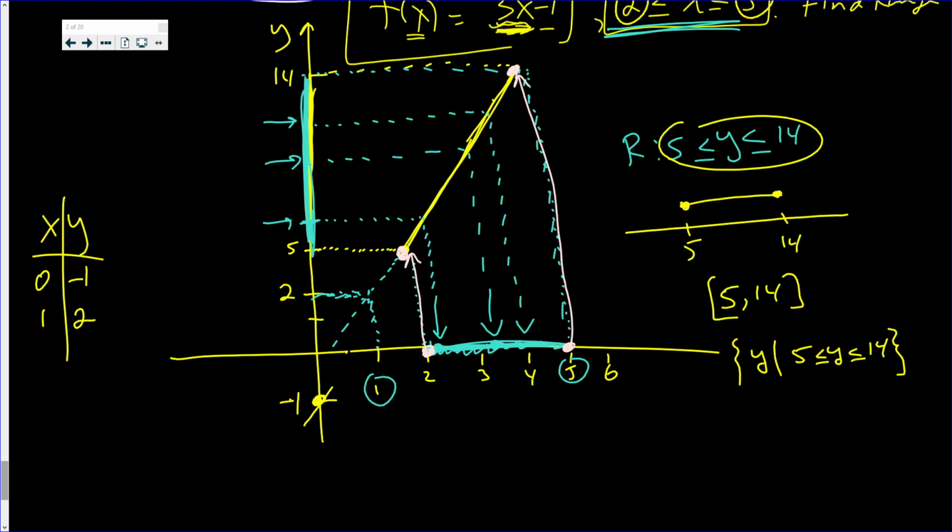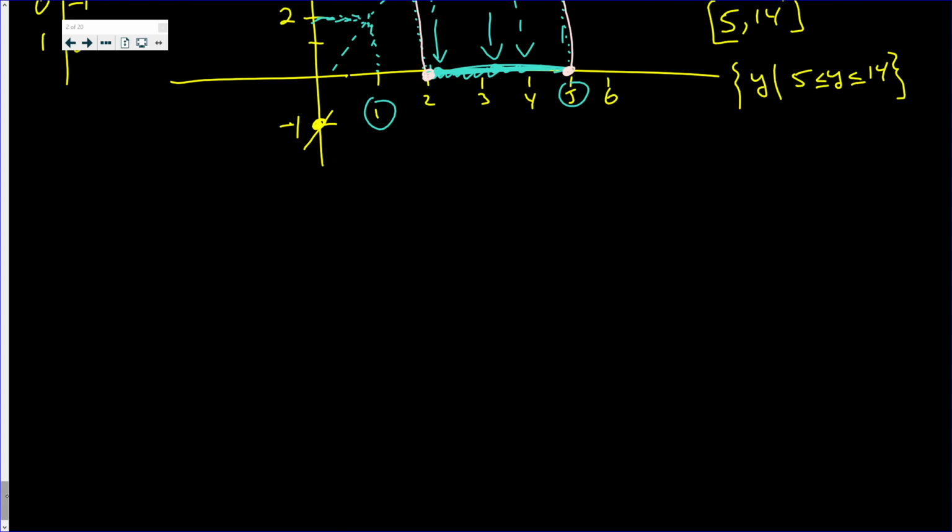It doesn't have to be that way. It was that way because this slope was positive. What if the slope is negative? What if f of x is equal to negative 7x plus 1 and x is in between 3 and 10?